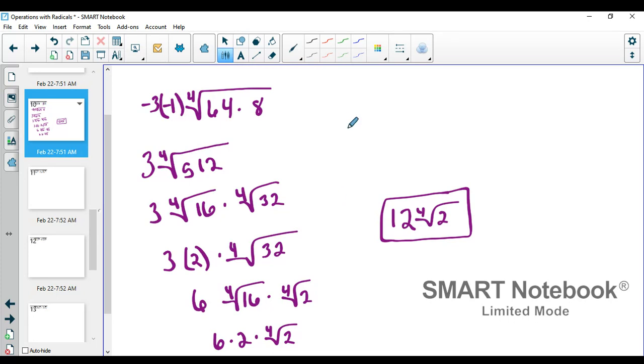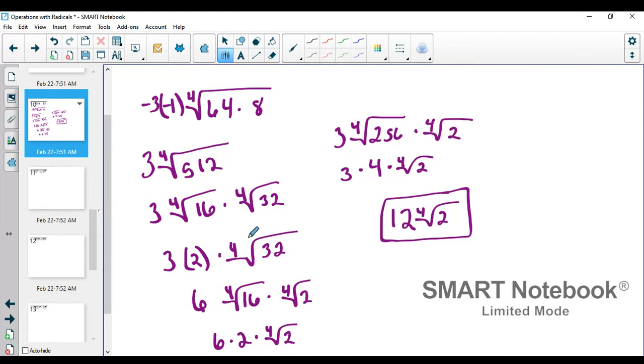So if we do this as 3 times the 4th root of 256 times the 4th root of 2, then the 4th root of 256 is 4, so it becomes 3 times 4 times the 4th root of 2, which will get you the 12, 4th root of 2.